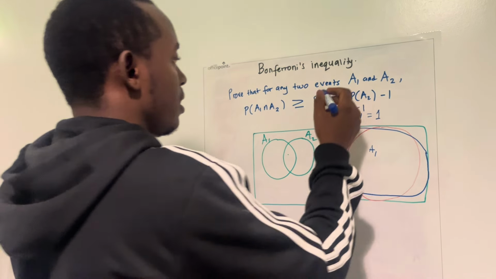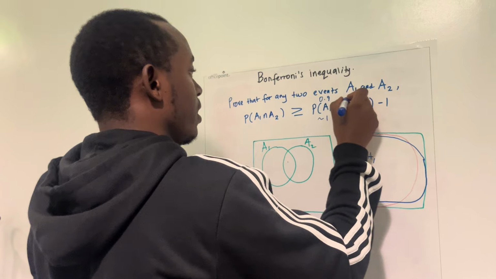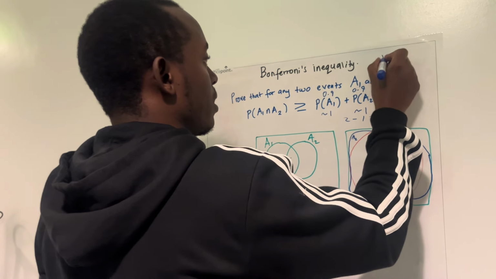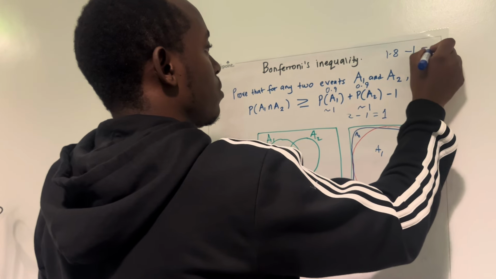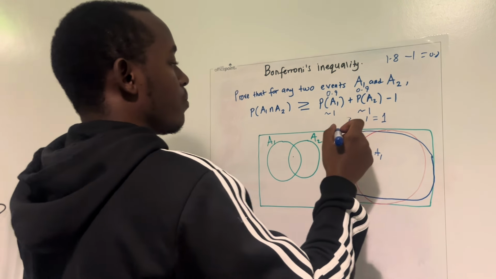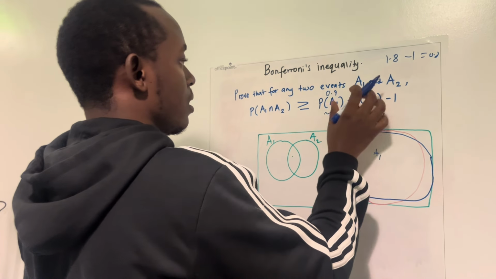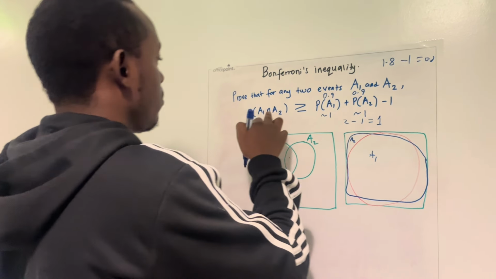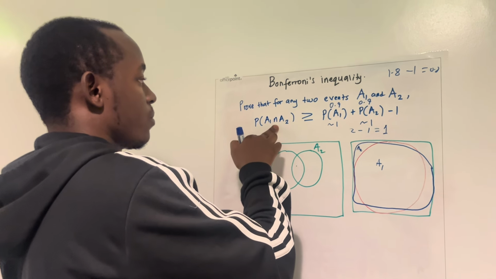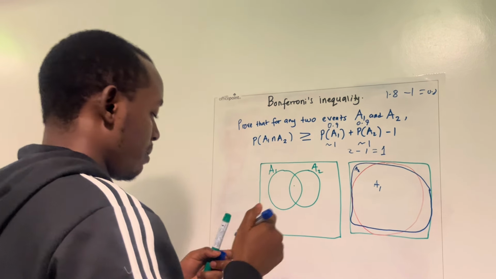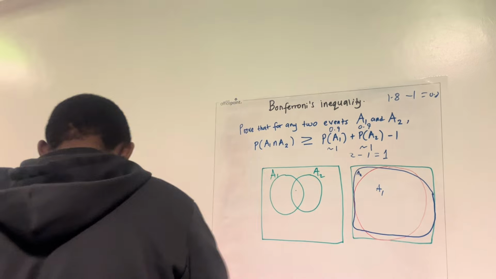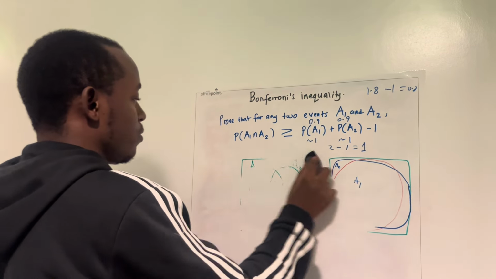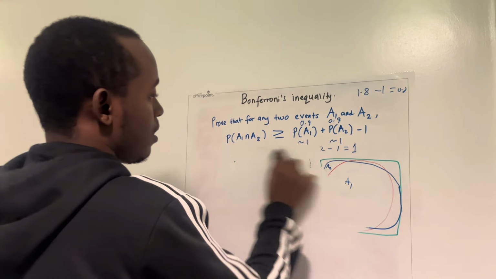Let's say if this was something like 0.9, and this is 0.9, then the total will be 1.8 minus 1, that will be 0.8, right? It's pretty big. So anyway, let me go to the section to prove this out, to show it clearly.